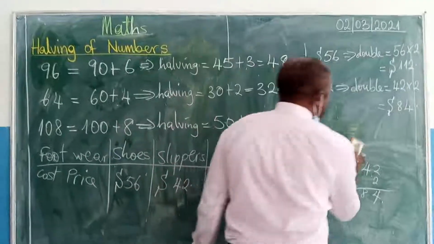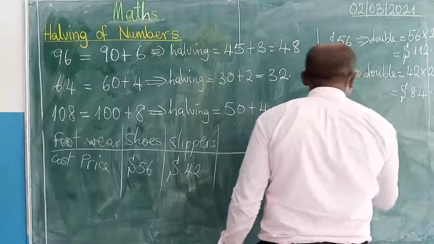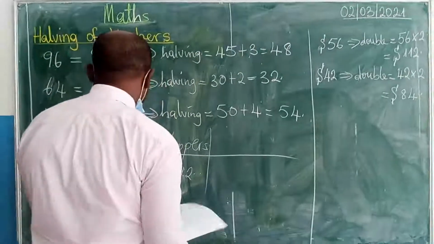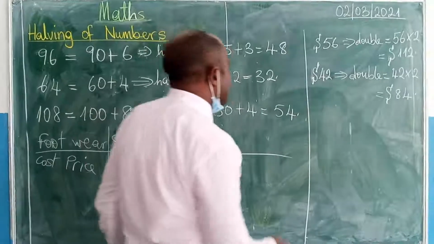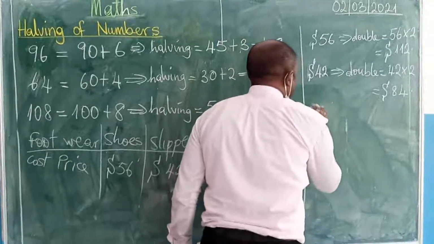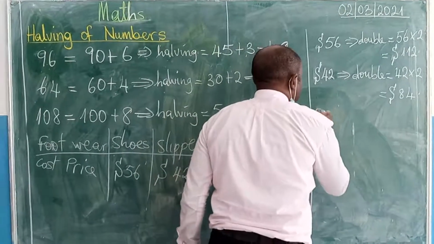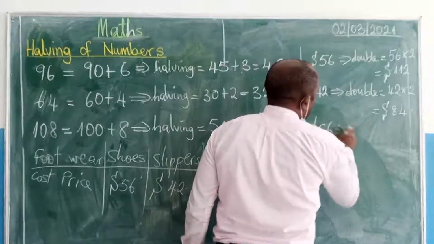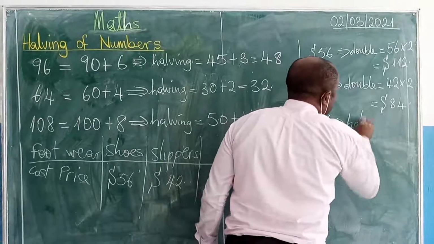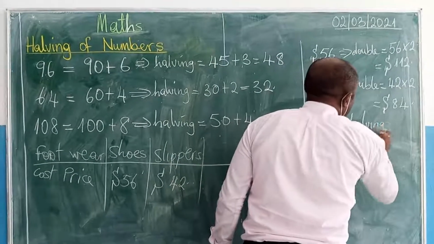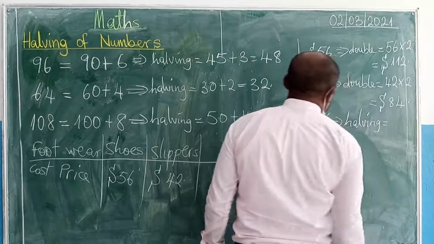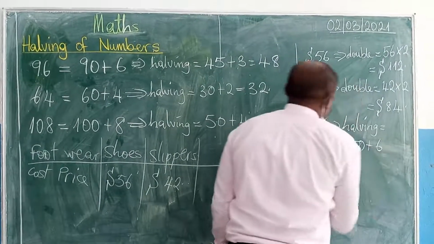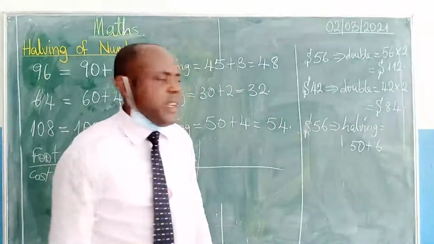What if we want to check half the price? Half the price means we are halving the price of the shoe. So we have the first one, $56. Halving will be equal to 50 plus 6, which gives us 56.